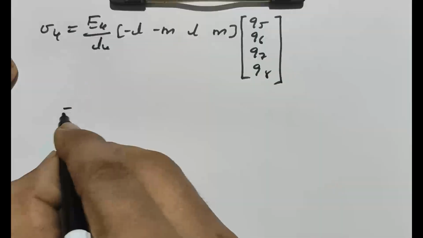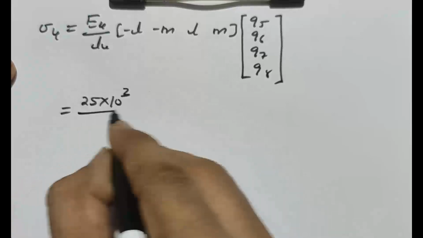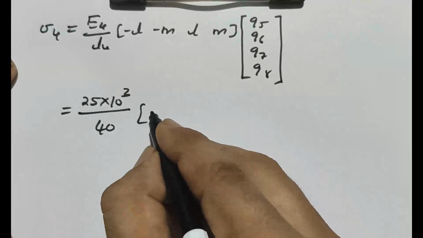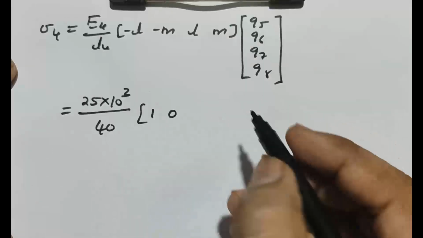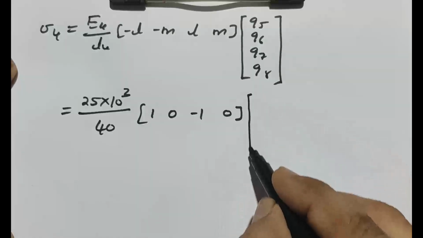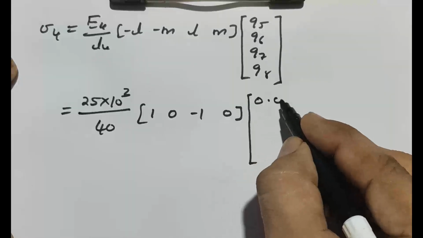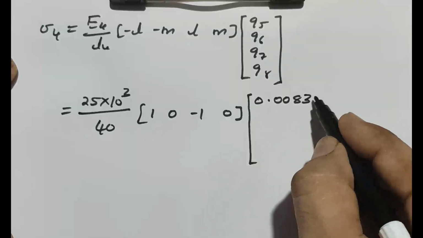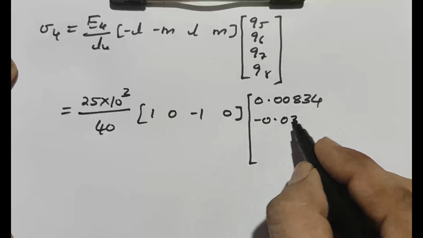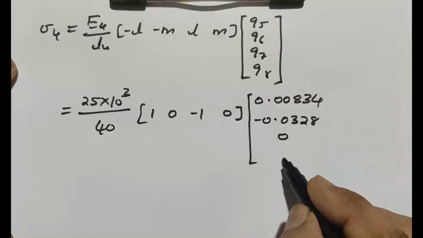Substitute the values: 25 into 10 power 3, length is 40, minus L is 1, minus M is 0, L is minus 1, M is 0, into Q5 it is 0.00834, Q6 minus 0.0328, Q7 0, Q8 0.